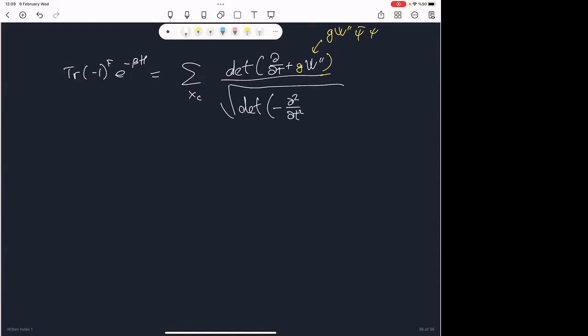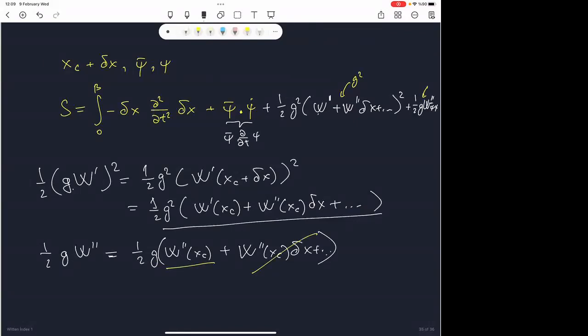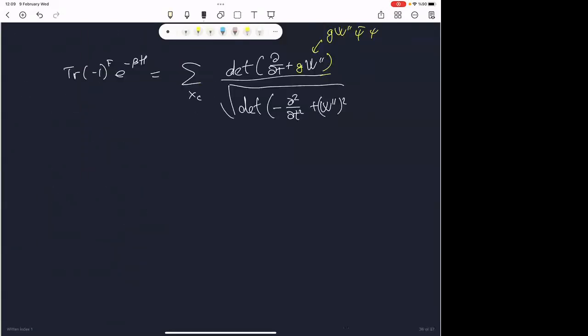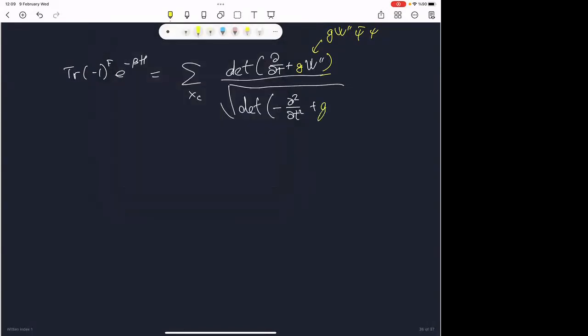What we had before was just W double prime squared, so this term comes from this square. Now in front of that term we have G squared, and this W double prime squared.